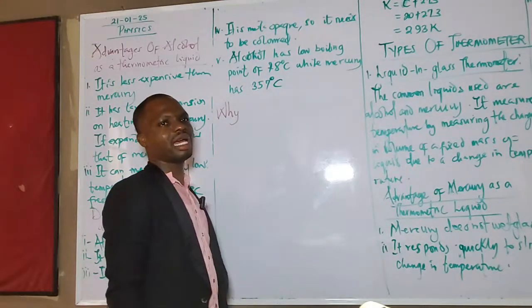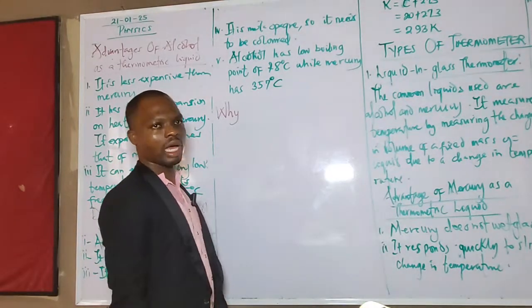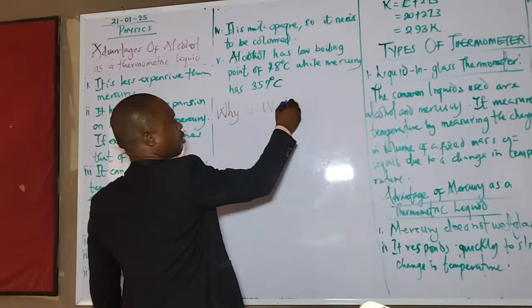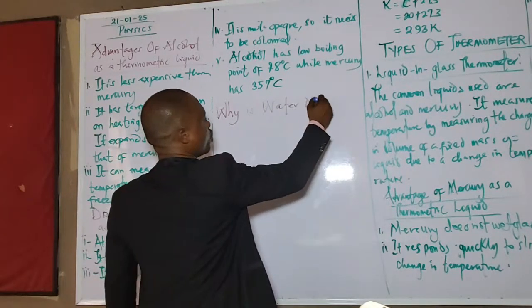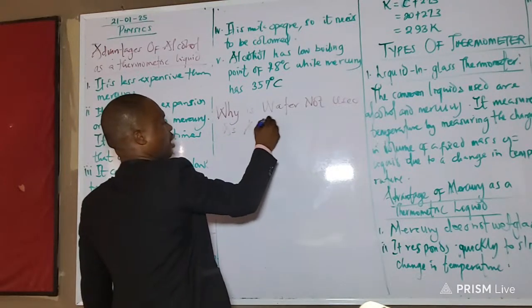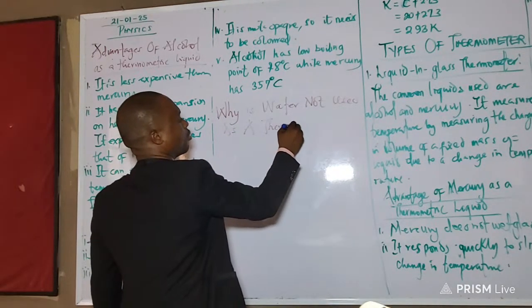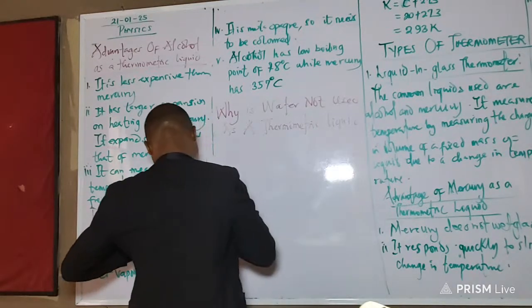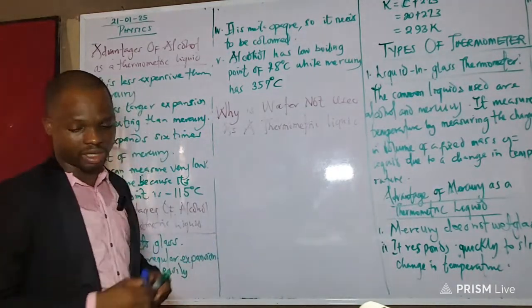So we have it in abundance. Why is it not used as a thermometric liquid?